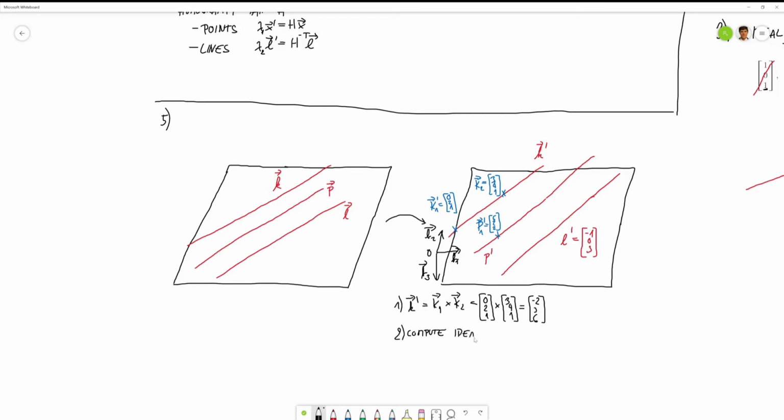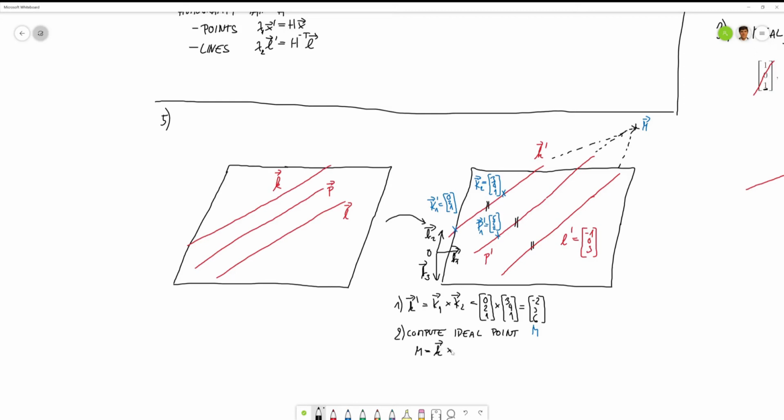Then we should compute a point which is common for k prime and l prime, which we will call m. Here I wrote that it is an ideal point, which was true in the real affine plane where k and l were originally.